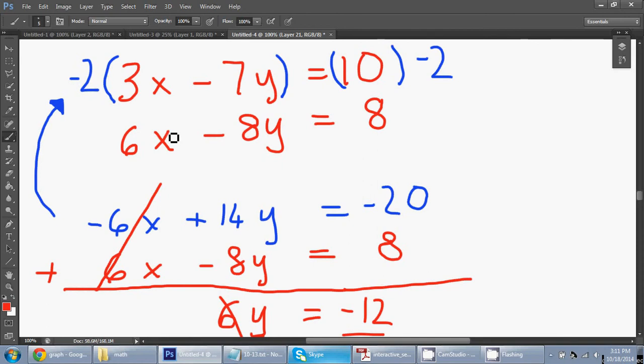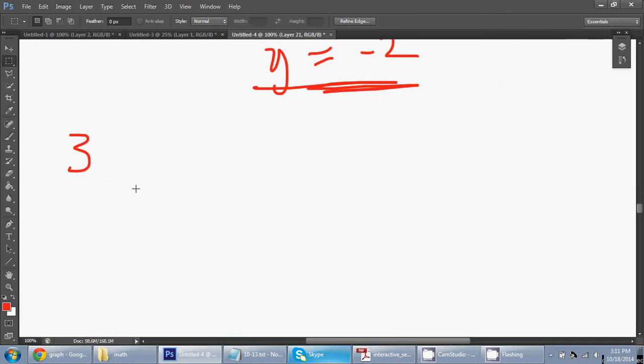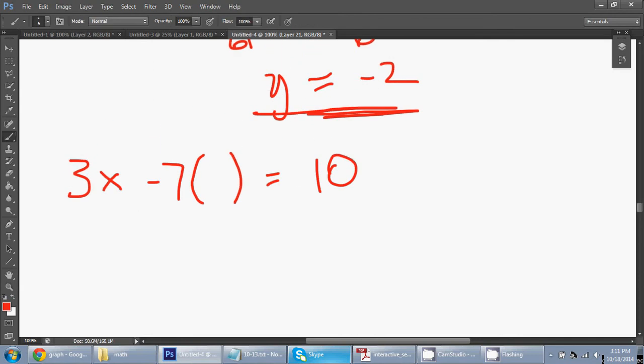And so now that I know y equals negative 2, I can just plug it into one of the other equations. So let's pick the first equation. 3x minus 7y equals 10. So let's rewrite this. 3x minus 7y is equal to 10. Double check that that's right. 3x minus 7y is equal to 10, yep. And now we know that y is equal to negative 2, so I'm going to plug in the negative 2.